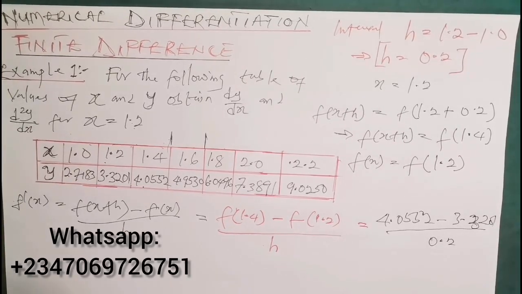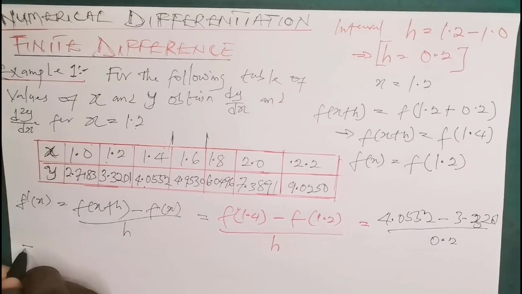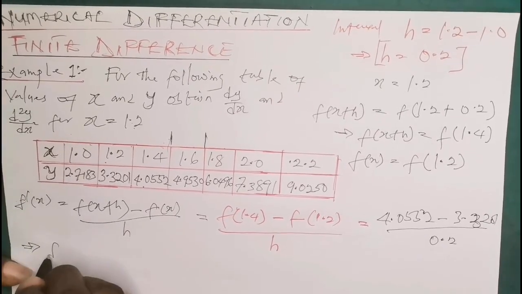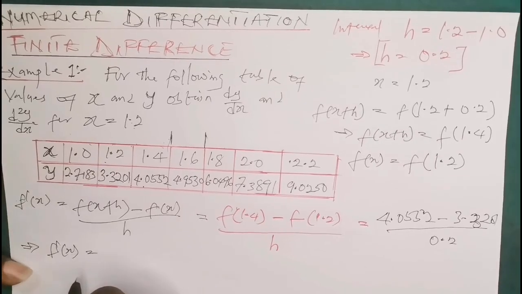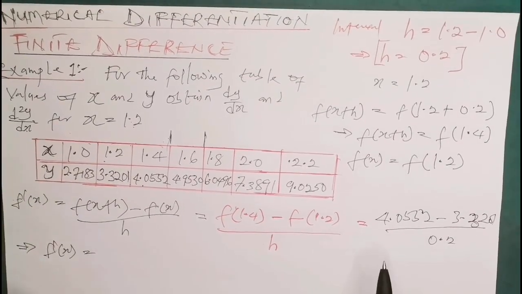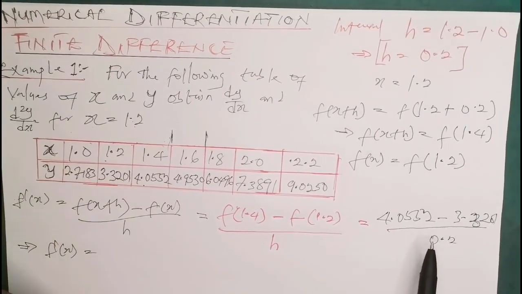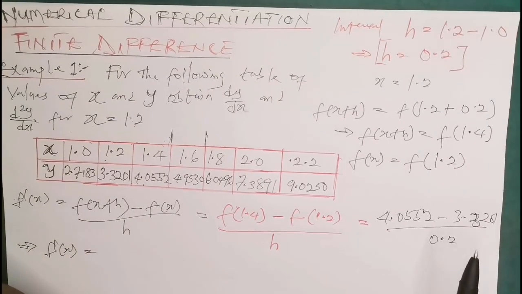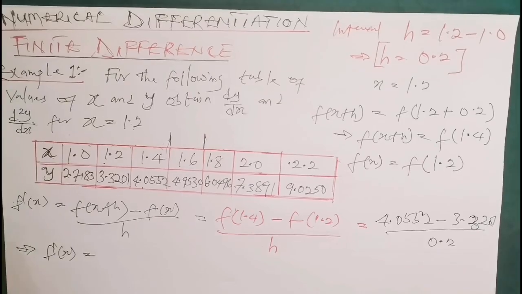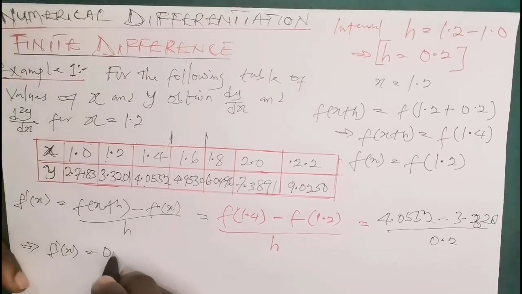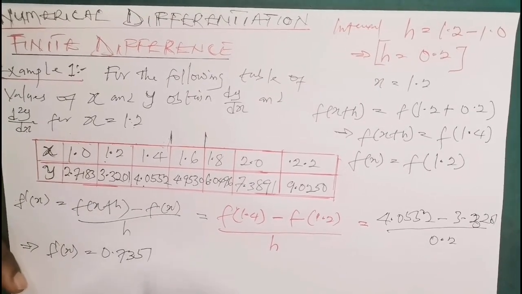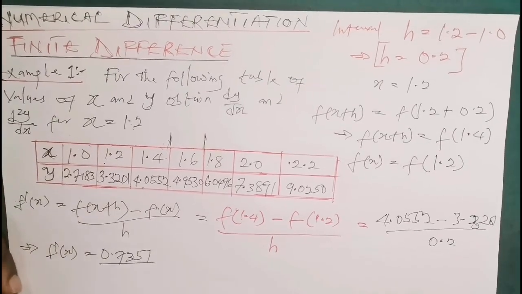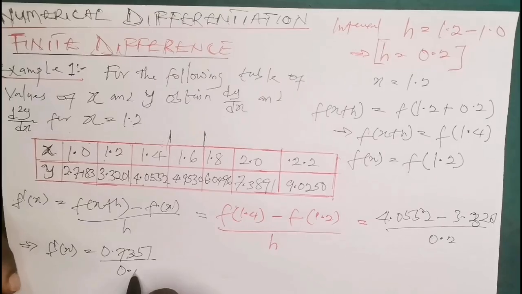Okay, so this simply implies f prime of x, which is your first derivative, becomes 4.0552 minus 3.3201. That difference gives us 0.7351 divided by h, and h is 0.2.